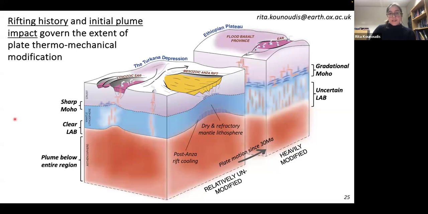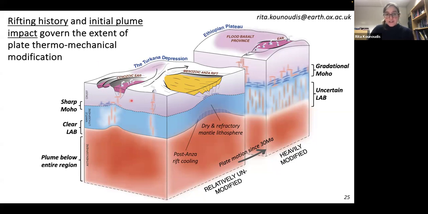So I thought I'd summarize with a schematic: that it's both rifting history and initial plume impact that govern plate modification in response to the arrival of a mantle plume. So we can see that the Ethiopian Plateau is very heavily modified, with a very gradational Moho and an LAB that's really not very clear because the lithosphere now looks seismically similar to the asthenosphere.